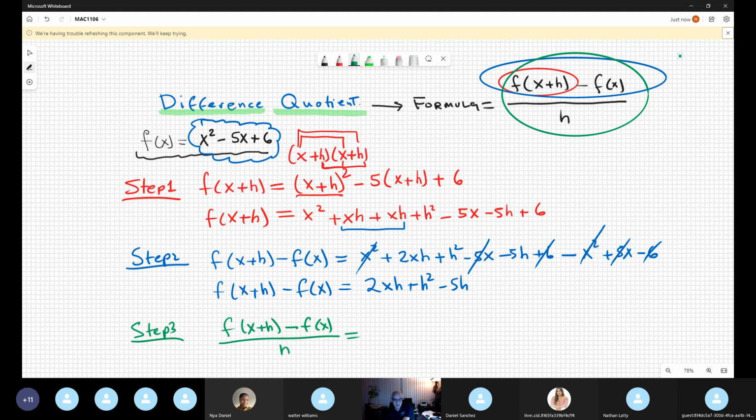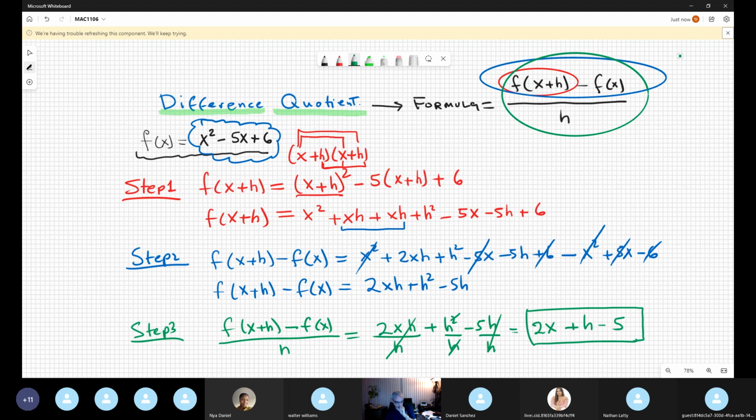But it's easy, because it's just a polynomial divided by a monomial. You split it into different monomials, and each h cancels, but only one. So we take 2x plus h minus 5. Bam! And this is the final answer of the famous difference quotient.